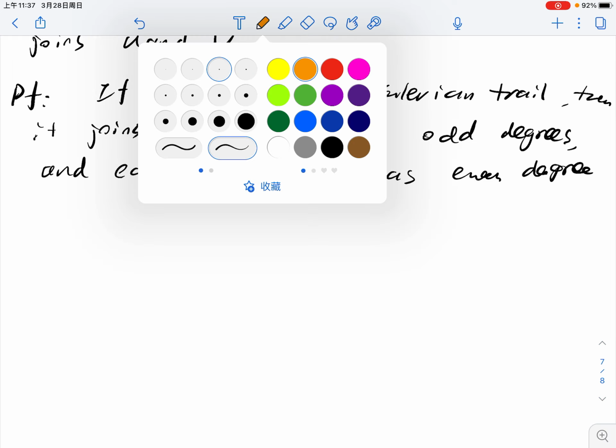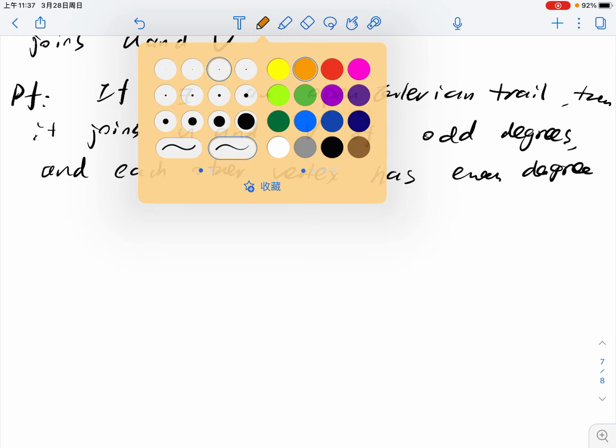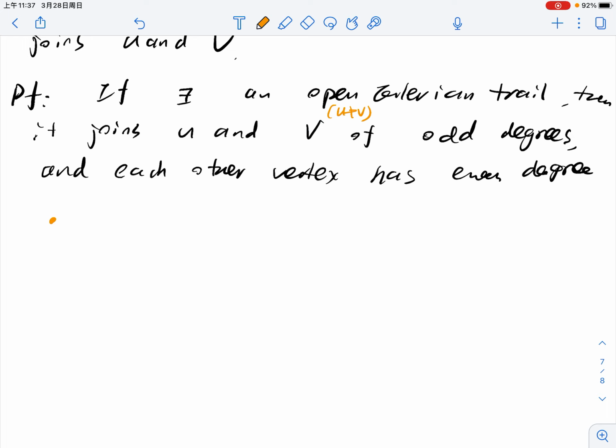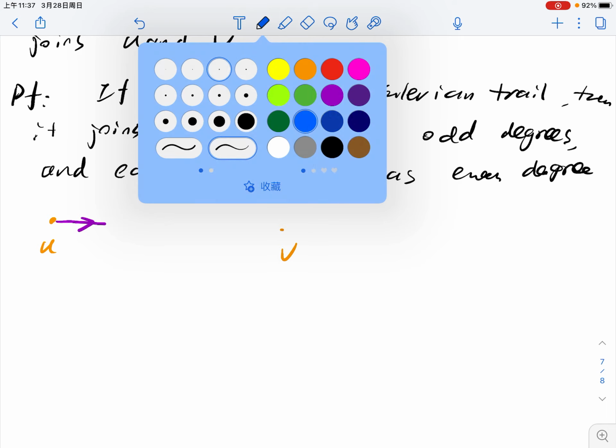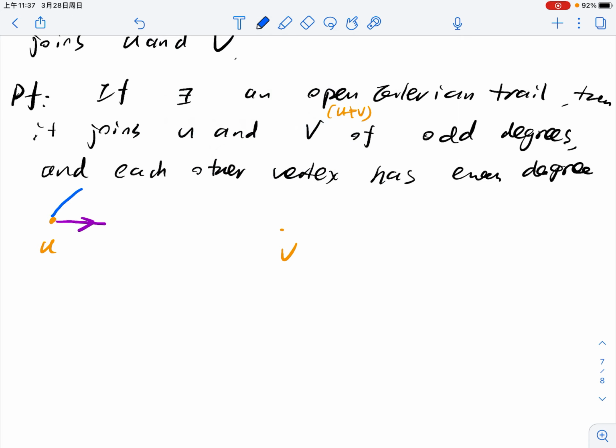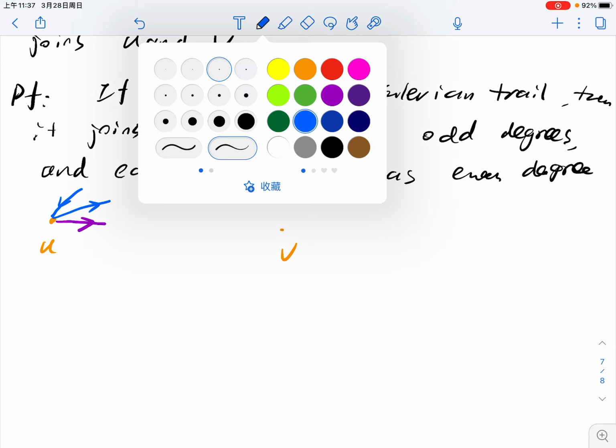Graphically, it's easy to understand because suppose this is U, this is V, and you have one edge out, and whenever you have one edge in, again, you should have one edge out, because U is not an endpoint, so you cannot stop here. Whenever you get in, you should get out.